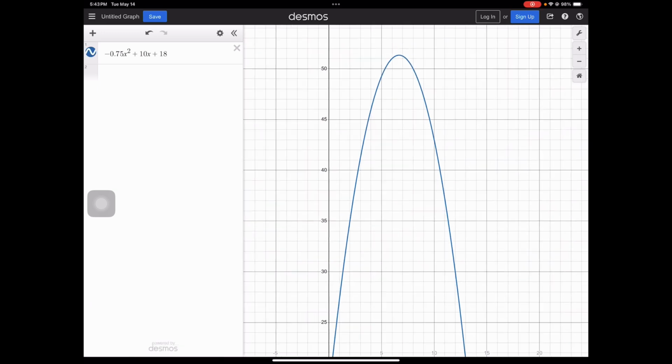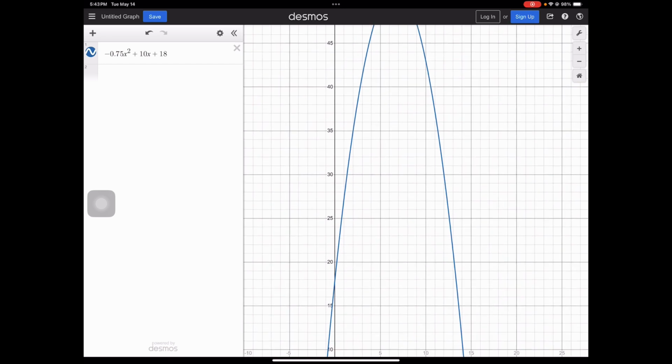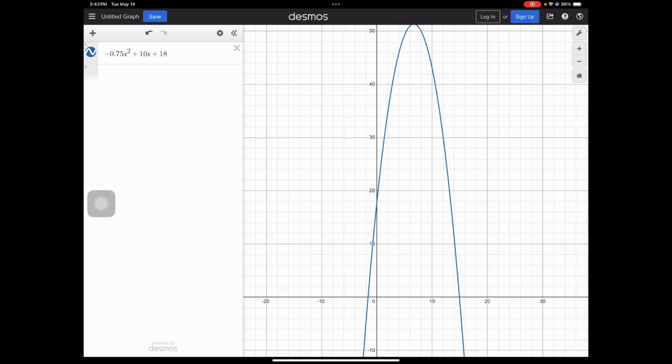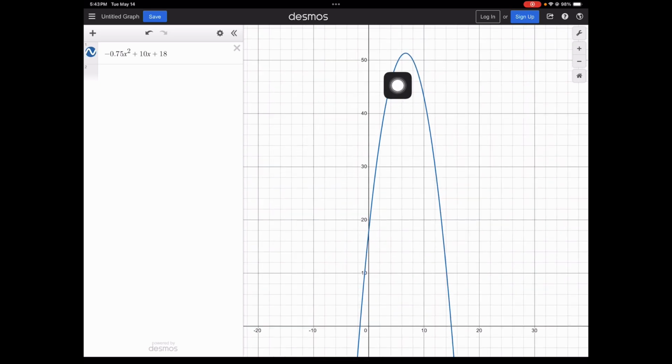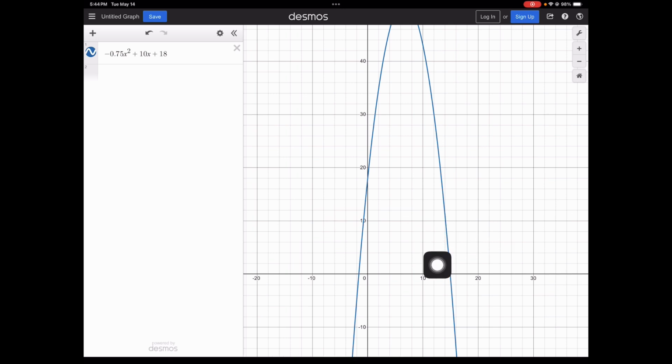Now, when we read that word problem, we know that we needed to find when it landed. So I really slung that slingshot up in the air. When I pulled back, we start recording at 0 on our y-intercept, which is 0.18. That path leads us up to the vertex, but now we've reached a peak, and it has to come down. When it comes down, it hits that x-intercept.